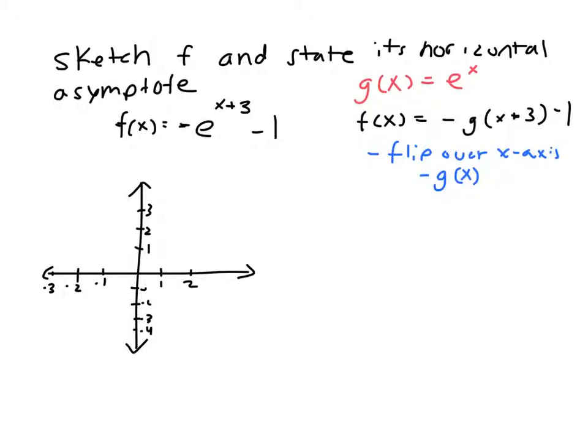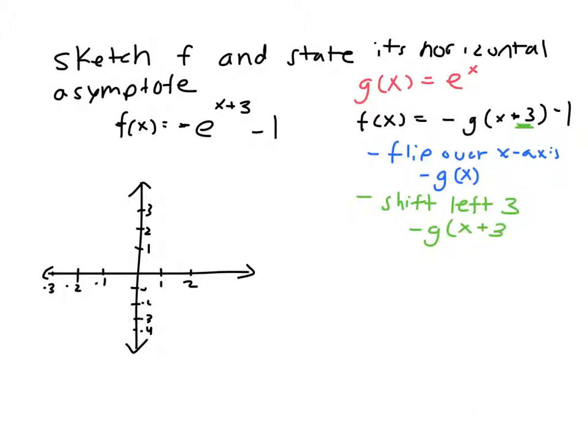Next thing that I'm going to do is this plus 3, so that will be moving to the left by 3. Shift left 3, and that will give me negative g of x plus 3.